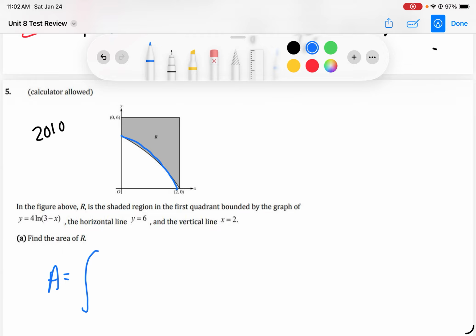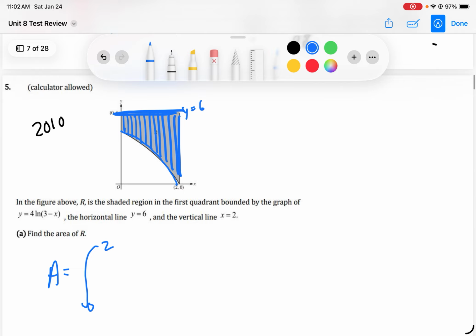And I'm integrating them from 0 to 2, because I'm going to get these cross sections, these little lines, going from left to right. So they'll be in terms of x. This is y is equal to 6. So to get the top curve minus bottom curve, top curve is always 6, and bottom curve is that 4 natural log of 3 minus x dx.